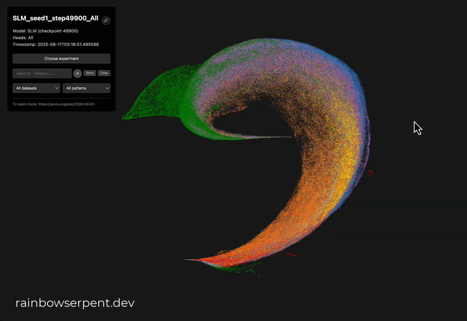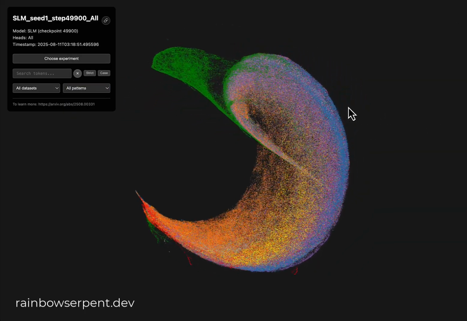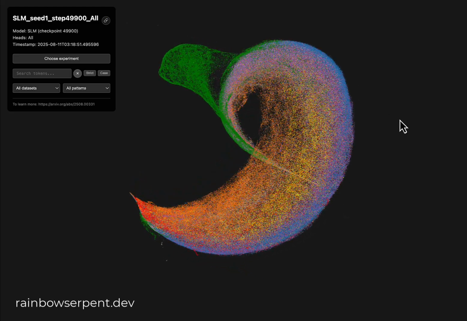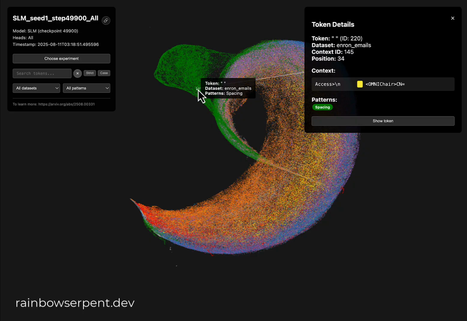So the organization of the body of the Rainbow Serpent by color is an indication that tokens that follow these patterns tend to have similar susceptibility vectors. That's perhaps not that surprising given that many of these actually are the same token, such as these are all spaces. But keep in mind the transformer doesn't actually take this token as input, it's trying to predict that token.